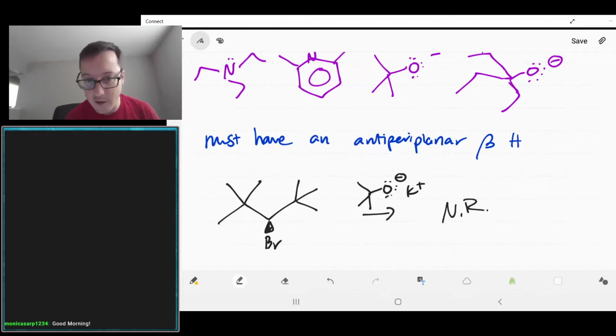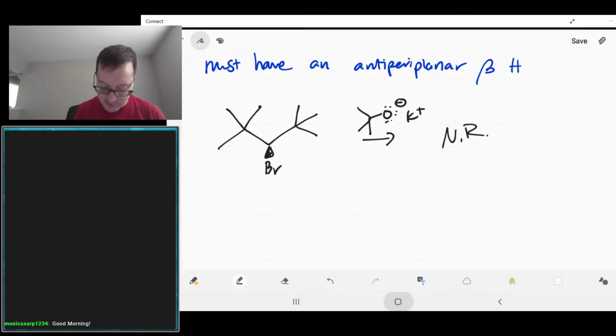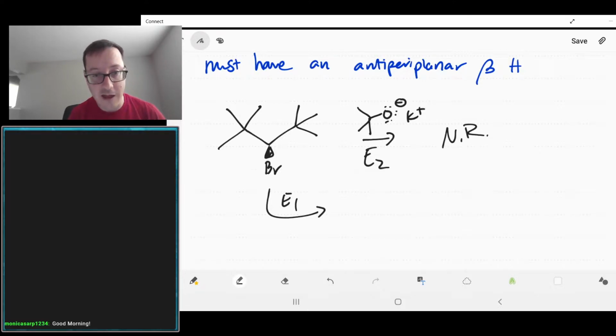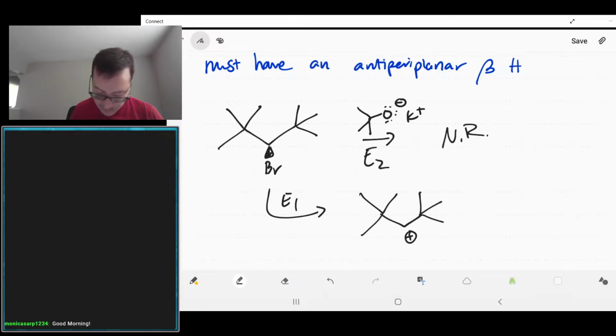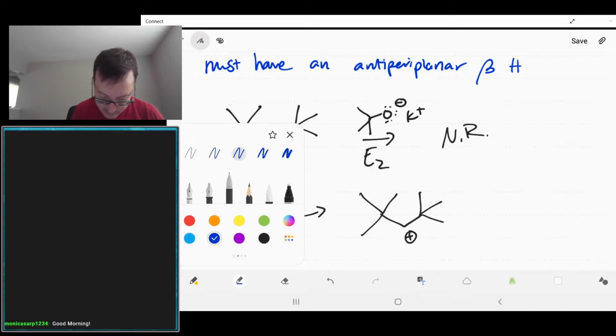However, if you did E1 on this, you'd do weird things. This would be an E2 reaction, but you could get this to react E1. How might that happen? You'd lose your bromine, you'd have a carbocation in the middle, and then you'd have a methyl shift.